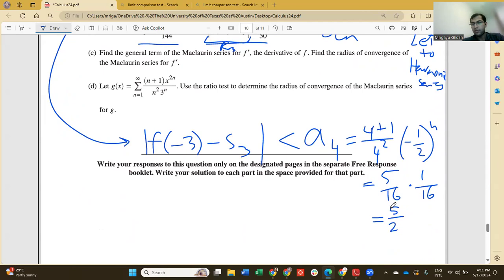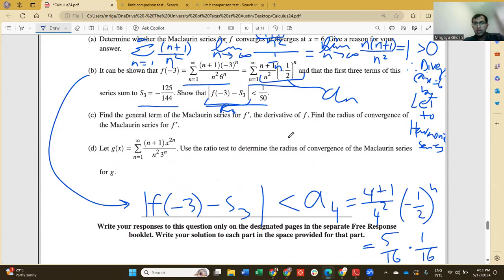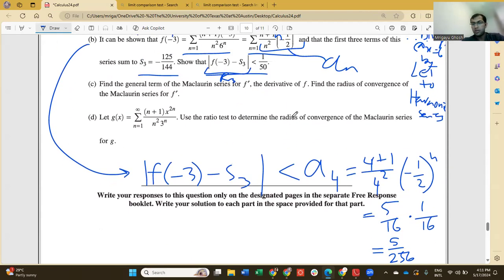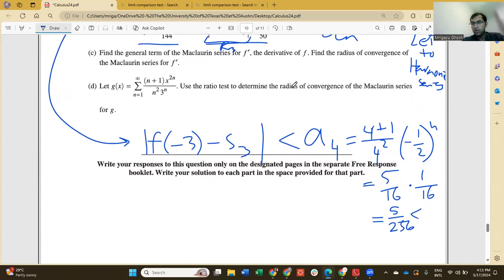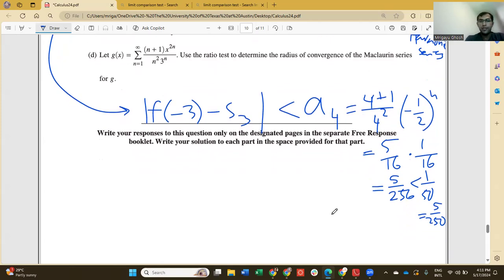So this is 5 over 256, which is indeed less than 1 over 50. And the reason for that is, if you need to, you can rewrite 1 over 50 as 5 over 250, just to really highlight that a little bit more. Therefore, we can say the absolute value of f of negative 3 minus s sub 3 is indeed less than 1 over 50 as required.